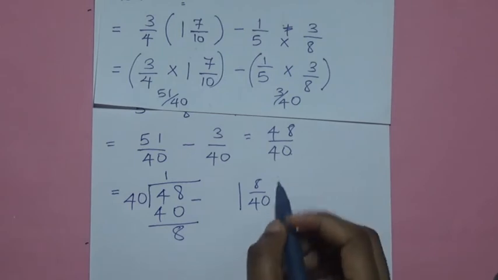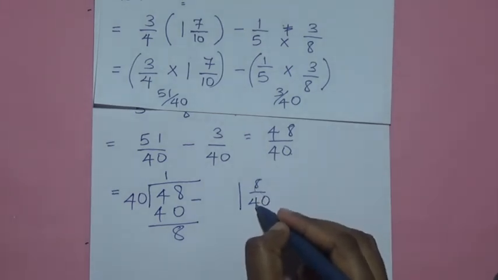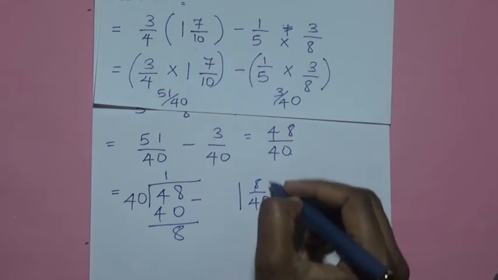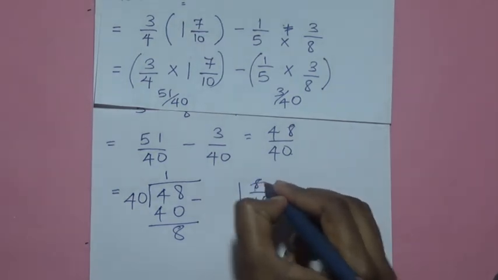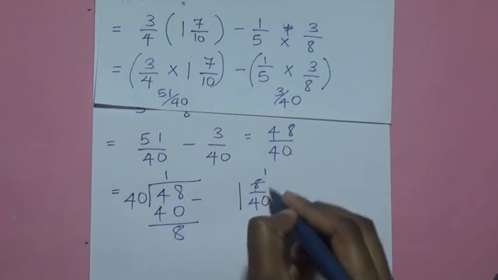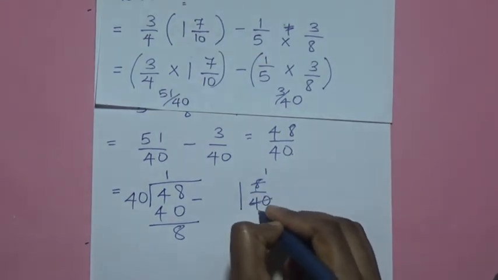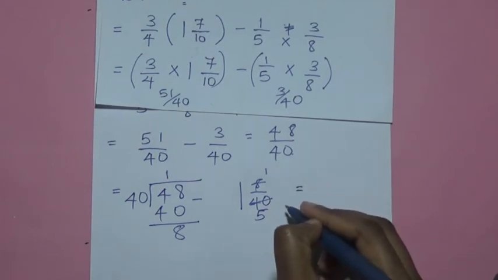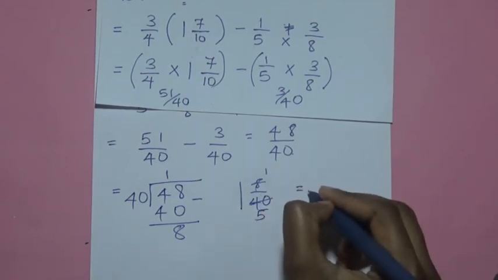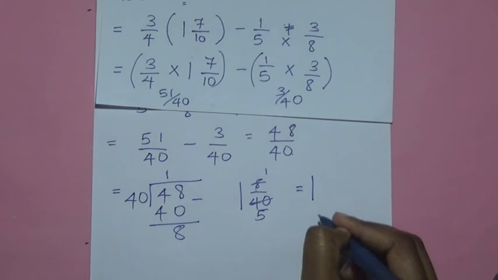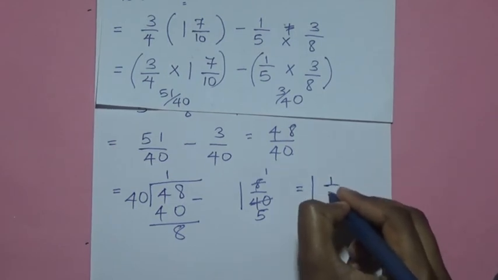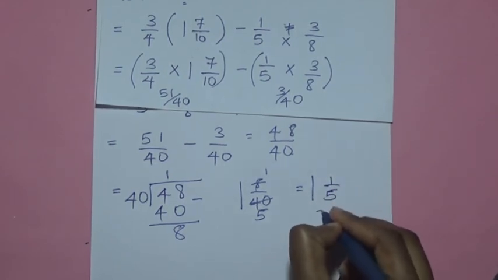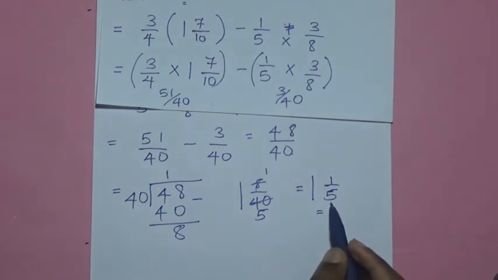Now 8 over 40 can be simplified further by dividing by 8. 40 divided by 8 gives us 5. Therefore, the simplified answer will be 1, which is a whole number, and 1 over 5. So this is the final answer, 1 and 1 over 5.